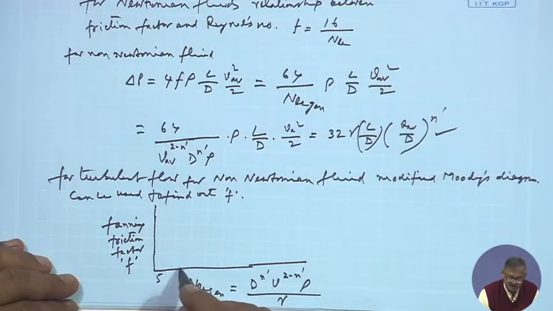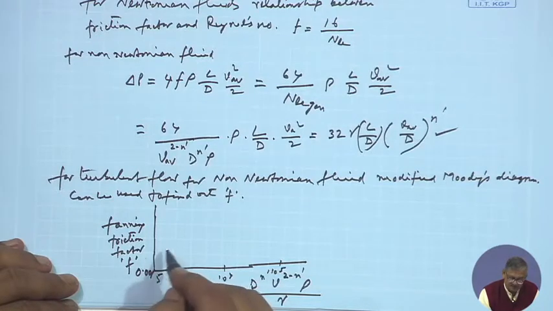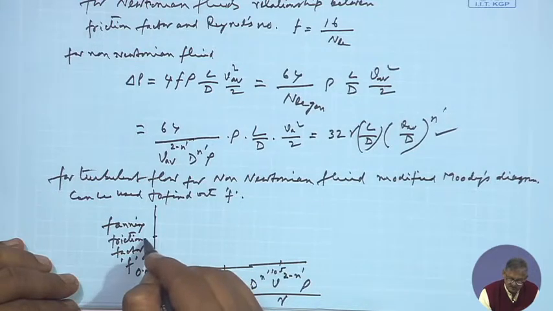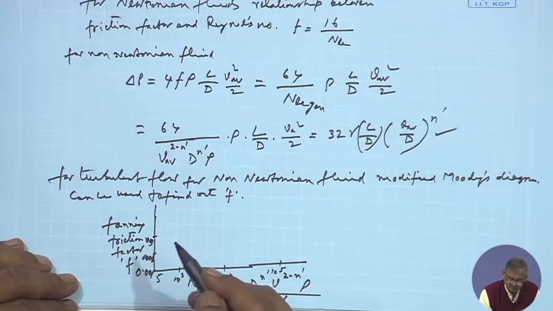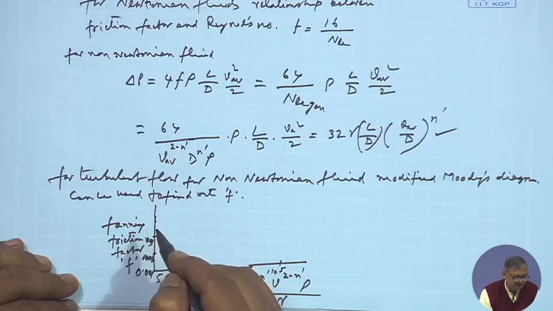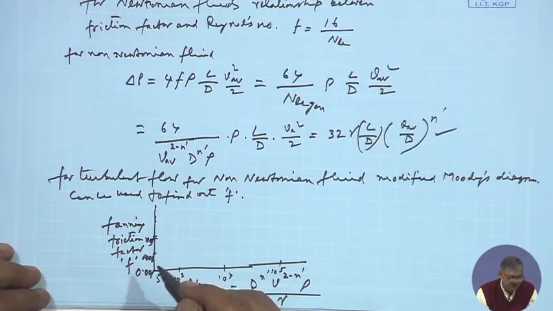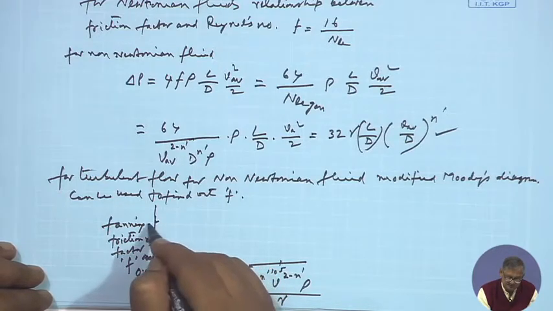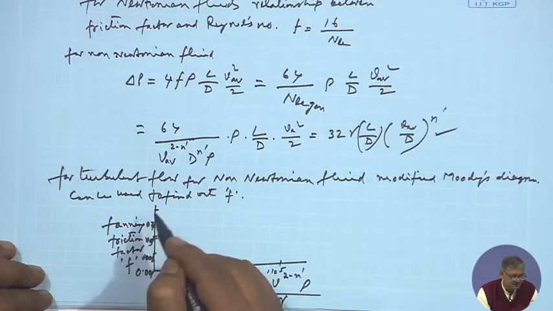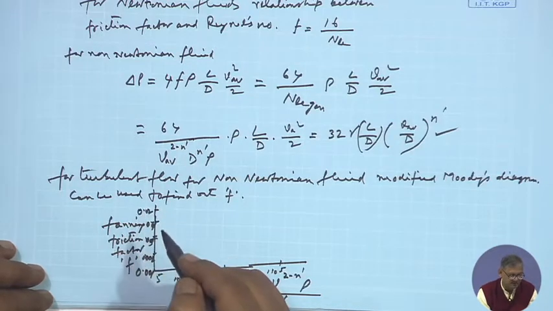So, this is a log plot, 10 to the 3, 10 to the power 4, 10 to the power 5, etc. And on this side, say 0.001, 0.002, 0.003 and 0.002, 0.005, say this is 2, this is 5, this is 0.01, this is 0.02, like that, right.